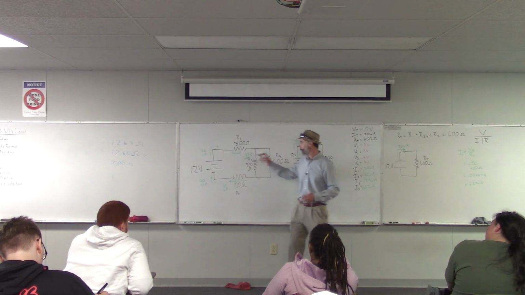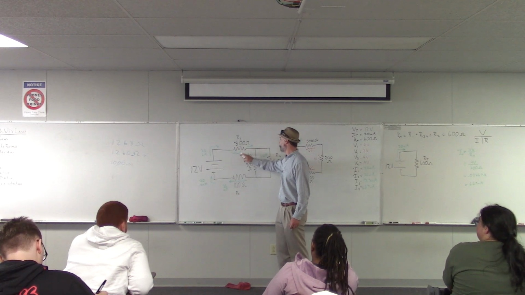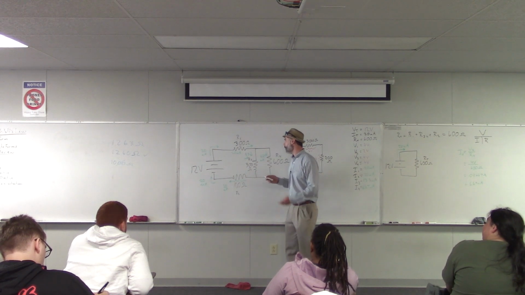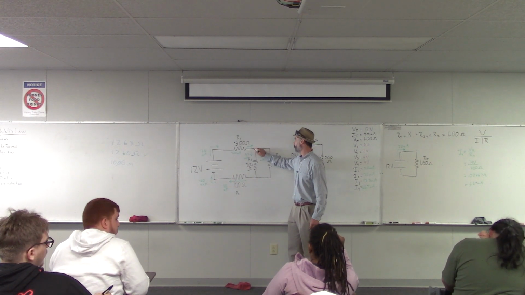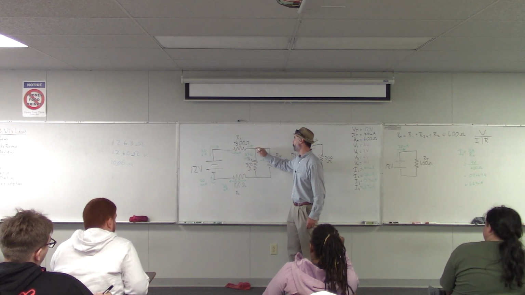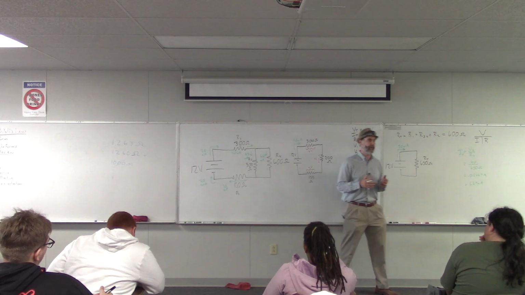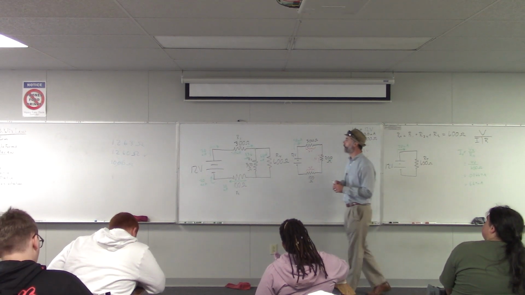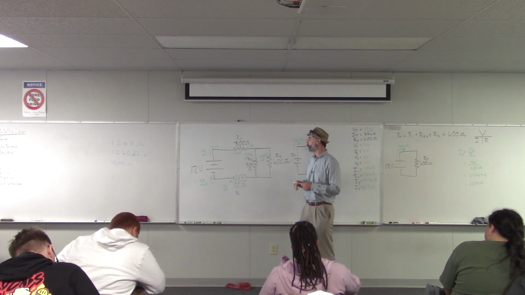But before we do, I just wanted to point out one more thing. We've got 20 milliamps flowing here, and then that current comes to this junction, right? We looked at Kirchhoff's current law, which says that all of the current flowing into a junction must be the same as the amount of current flowing out of that junction.